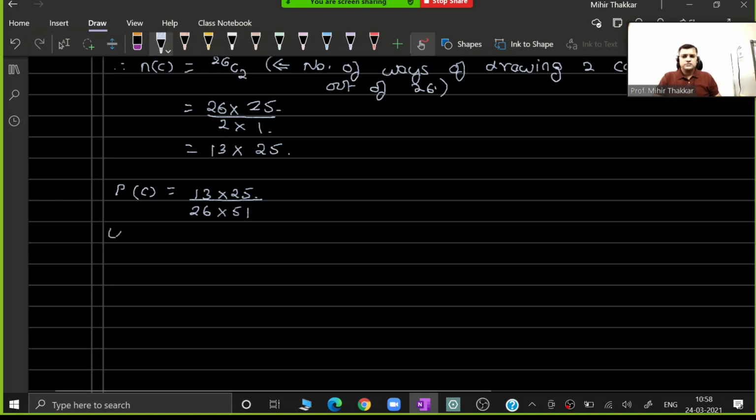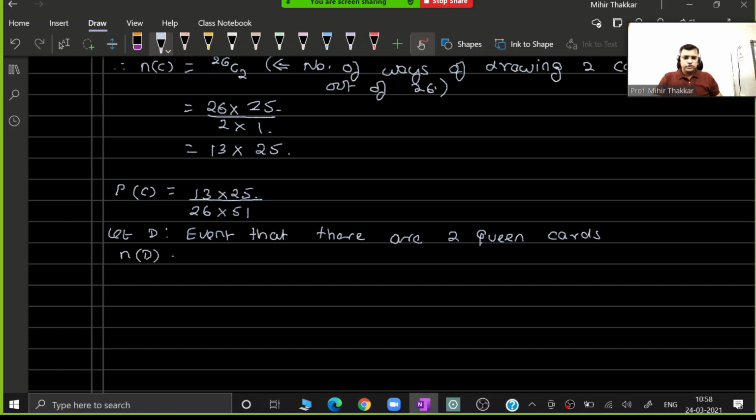Go for event D. I will say let D denote the event that there are two queen cards. So n of D is 4C2 as we just now discussed. 4C2 is the number of ways of selecting or drawing two cards out of 4.